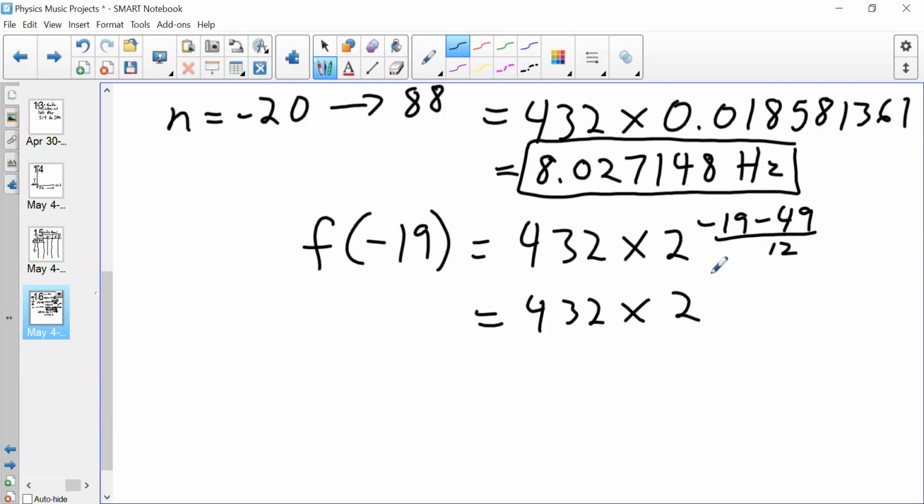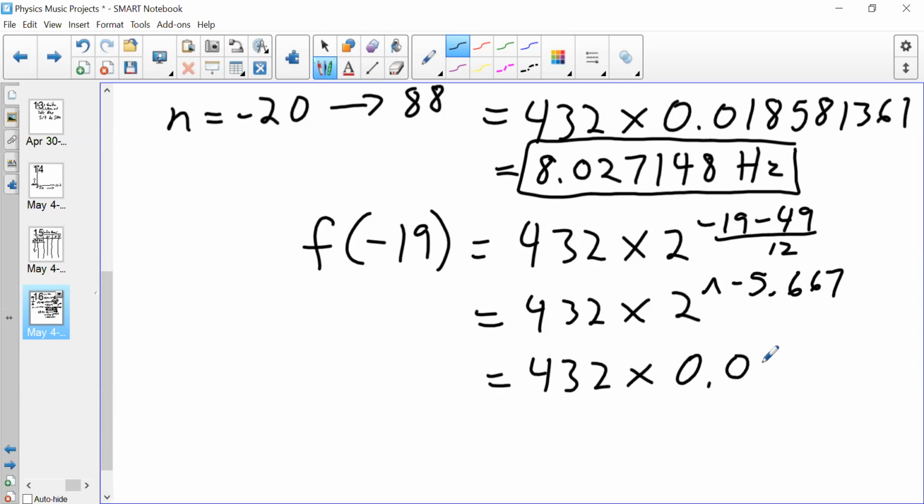Two to the caret minus 5.667, and then 2 raised to -5.667 becomes 432 times 0.01968, all that stuff. Or you can just take this stuff on the screen, now that you have it, and multiply that by 432, and you get 8.5, blah, blah, blah.